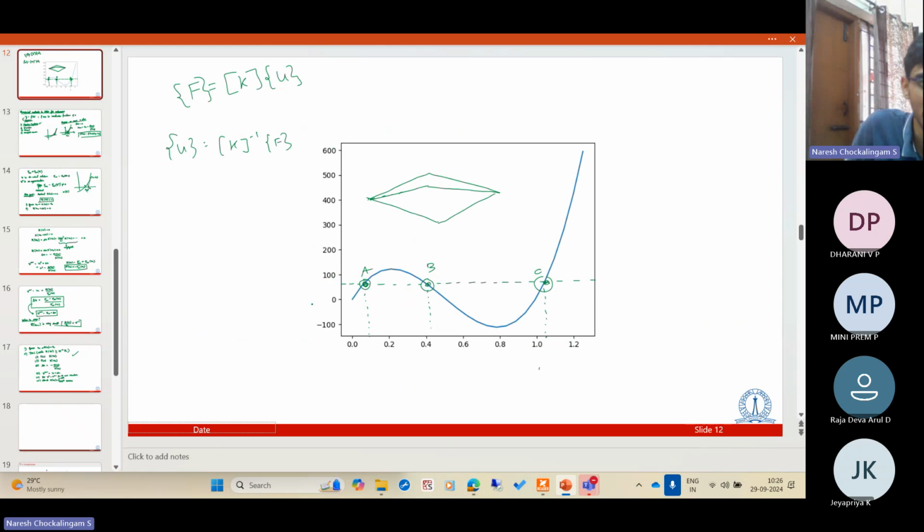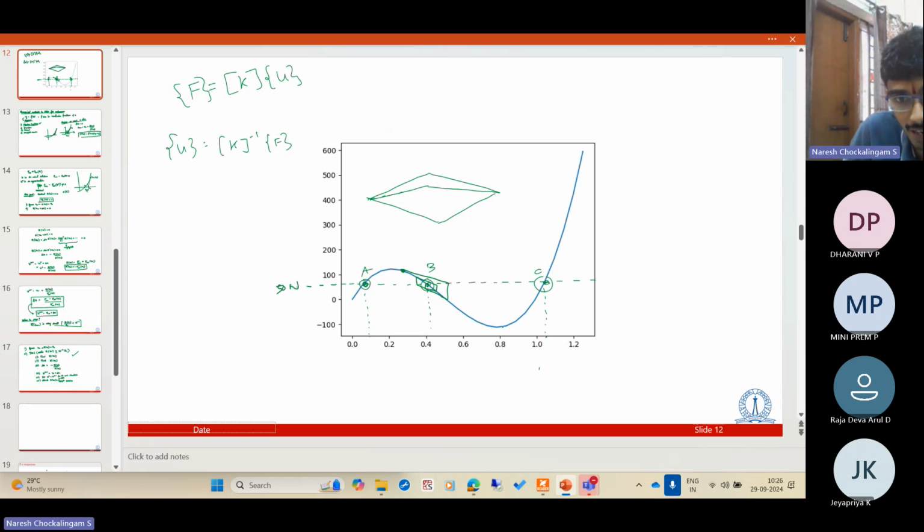Okay, it's taking time to load. For example, in this problem, if I say f external is 50 newtons and I start from here, it is unlikely that I will get this root. If I draw a tangent here, I will mostly get to this root.